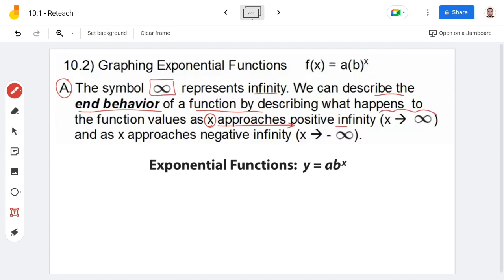So we can say x goes to positive infinity. The same thing for x approaching negative infinity, which can be represented like this. And what is the formula of the exponential function? It's this one here.